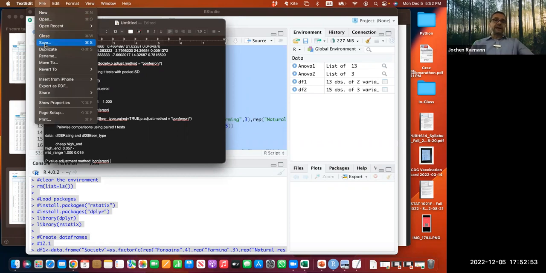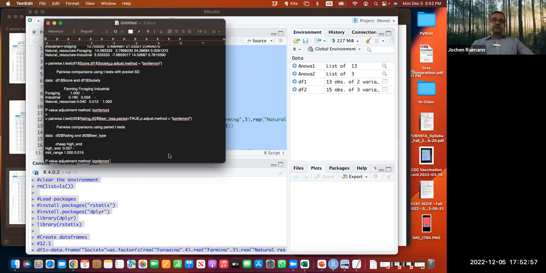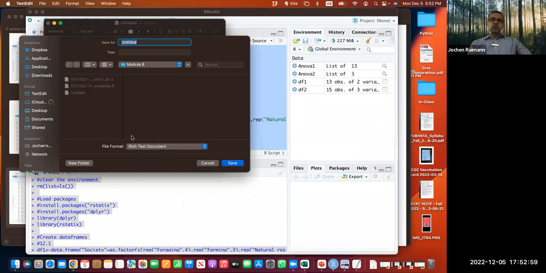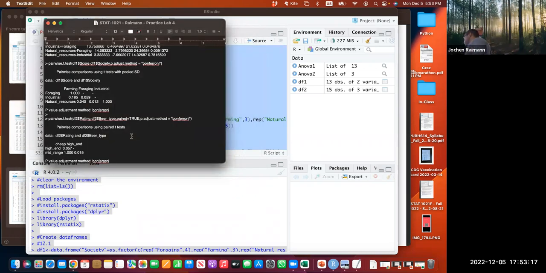You go on File, Save, and you save it as STAT1021 with your family name, and the label of Practice Lab 4. This is your deliverable and this is what you need to submit.